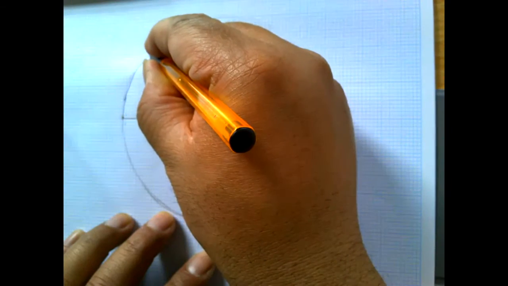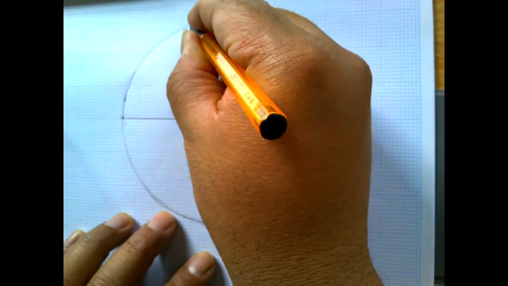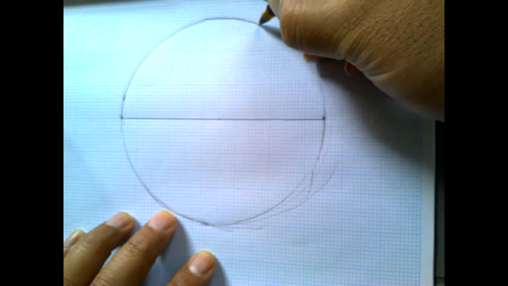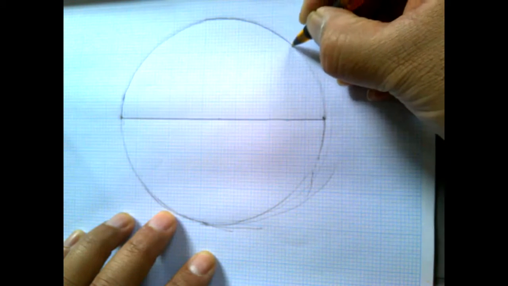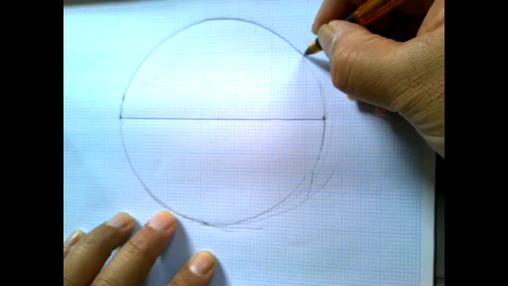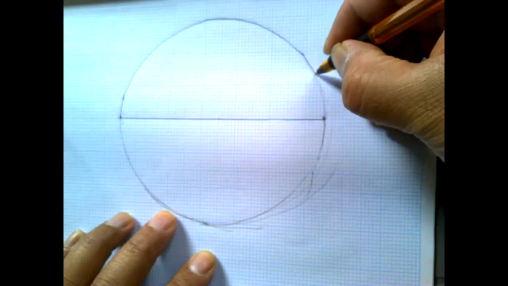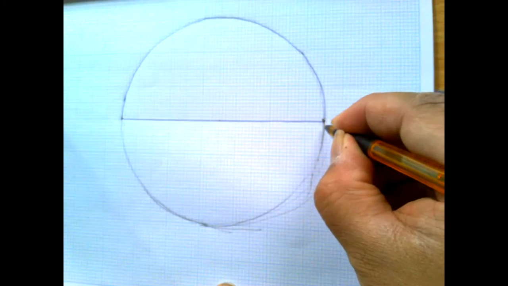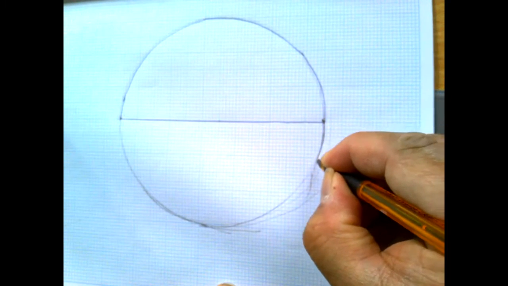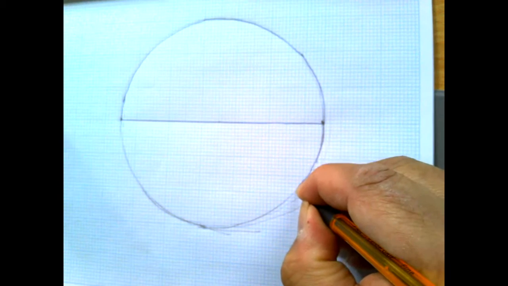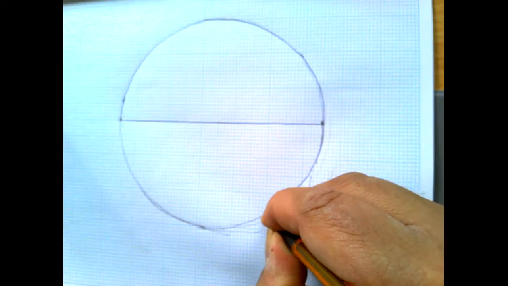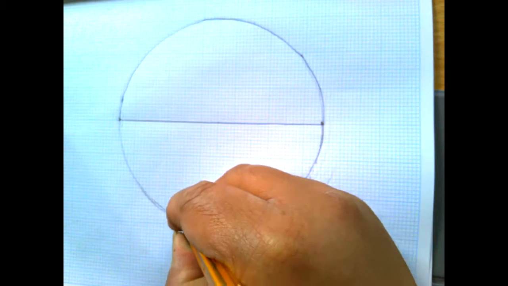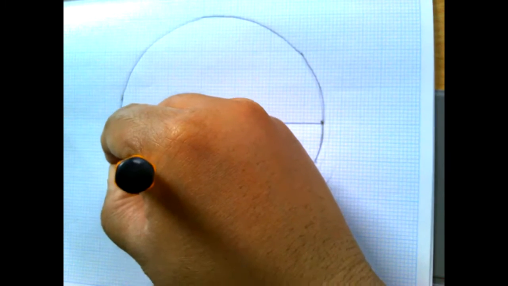And so remember from our previous discussion, the length of the circle is also called the perimeter of the circle, and the special name given to the perimeter of the circle is the circumference.